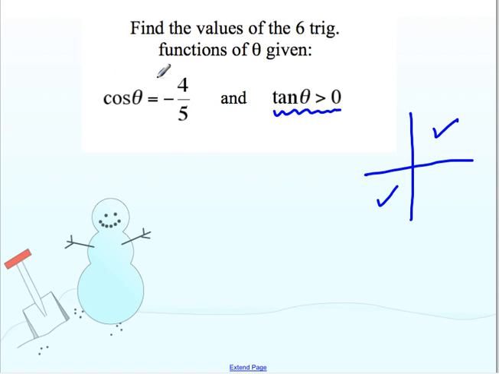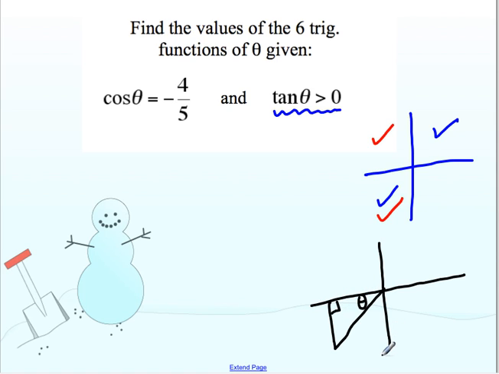Cosine is negative. Where's cosine negative? Cosine's negative here and here. So the overlap is in the third quadrant. So you have to build your triangle in the third quadrant and then fill in the appropriate information.